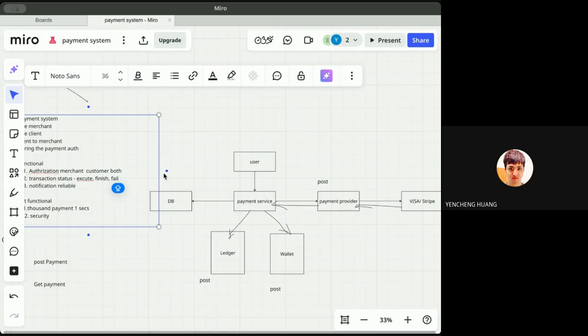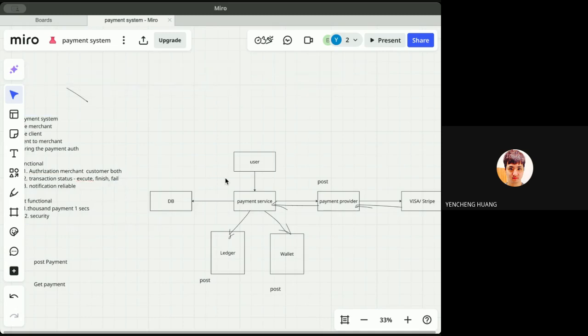And it's just through Visa to finish the transaction status to upload all my payments.